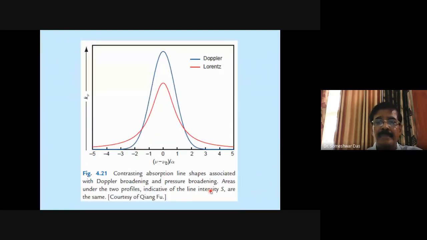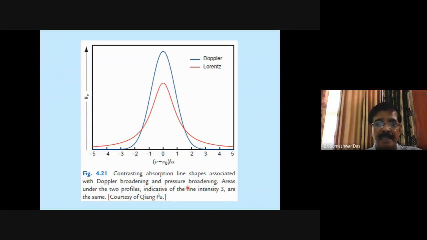This diagram illustrates Doppler broadening versus the Lorentz broadening. This blue line indicates the Doppler broadening, and the red line indicates the Lorentz broadening. The axes show the absorption coefficient k_nu and (nu minus nu_0) divided by alpha. So this is a contrasting of the absorption line shapes associated with the Doppler broadening and pressure broadening.